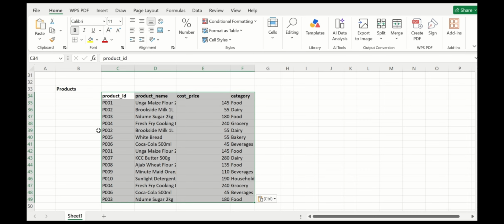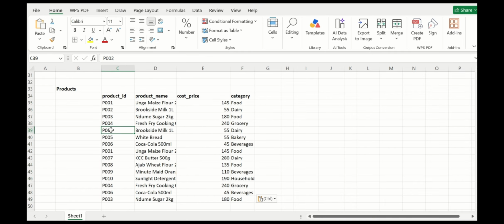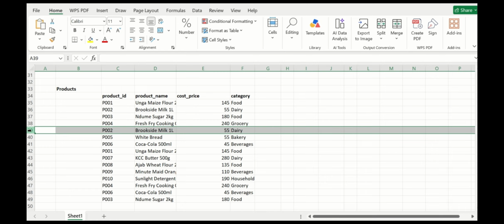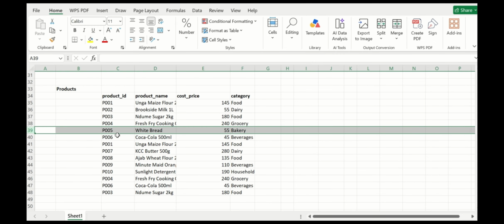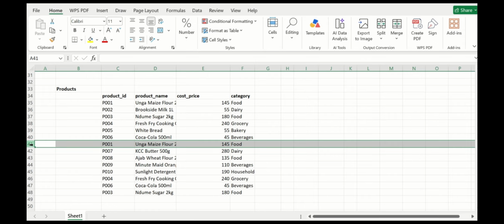In these product details we only need the unique products. So 1, 2, 3, 4, 2 is not required to be here, so we'll have to delete it. And then 5, 6, 1 is not supposed to be here because we only want the unique ones.